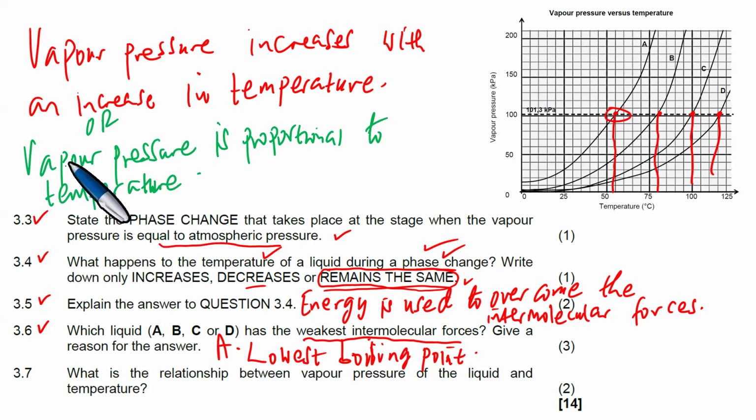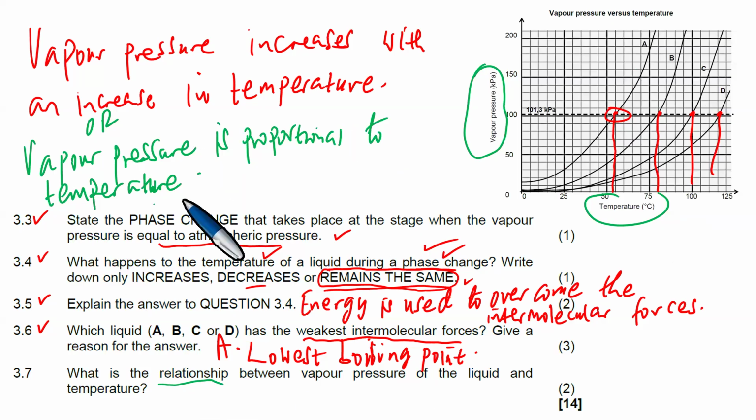Because vapor pressure is proportional to temperature, in other words, when the vapor pressure increases, the temperature also increases. So vapor pressure increases with an increase in temperature, and that is the relationship between vapor pressure of the liquid and temperature. Because if the graph is an increasing graph like this, when the temperature increases, also the vapor pressure increases.